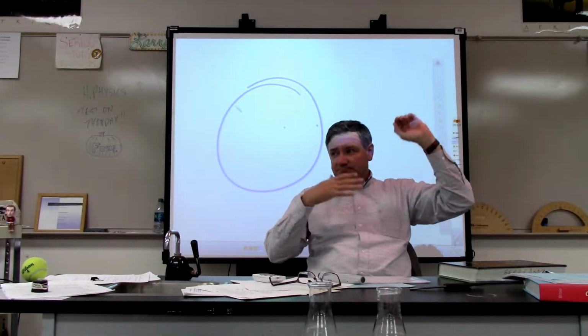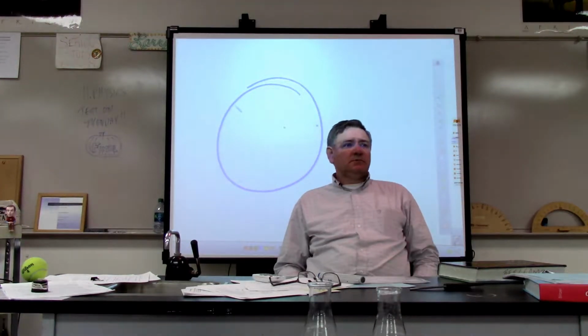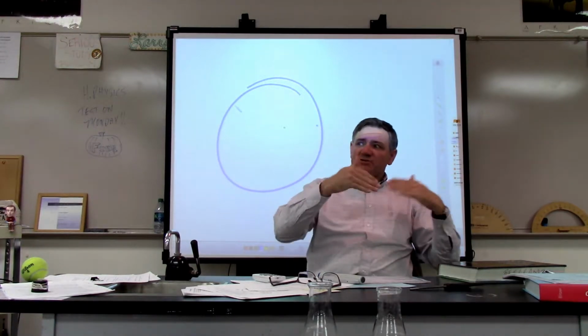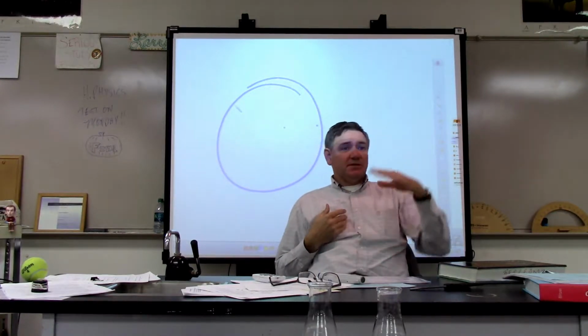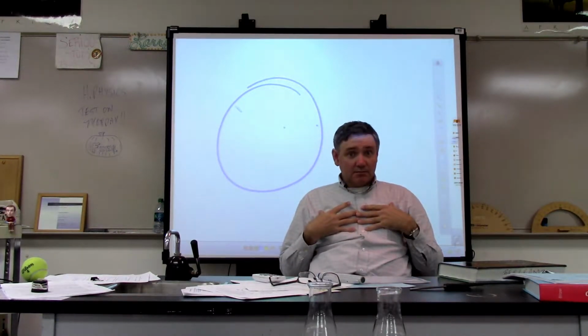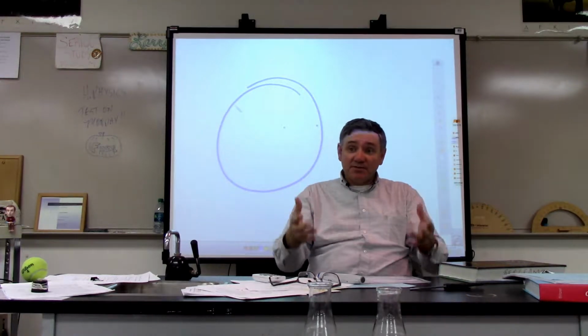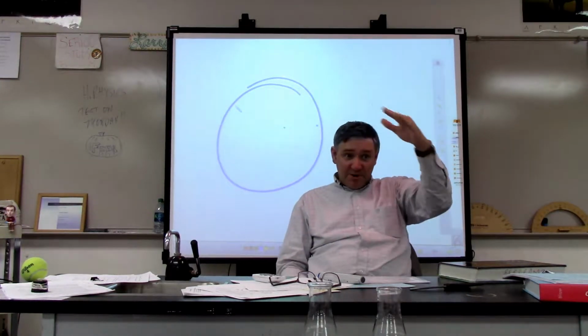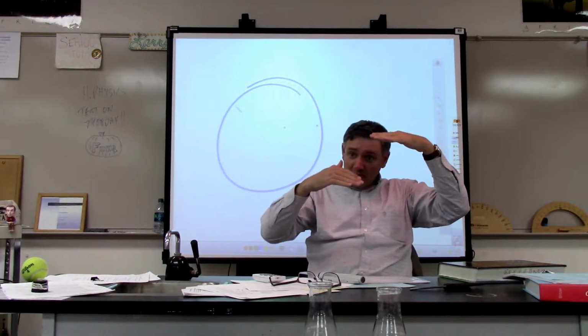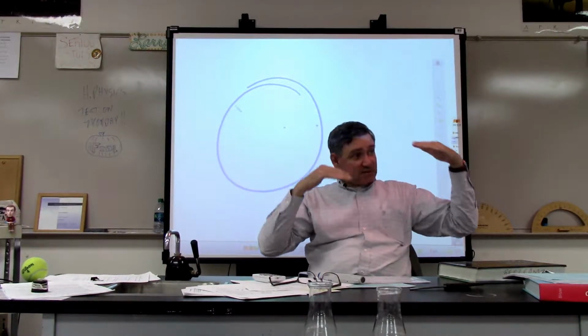I have a job, I make $8 an hour. What's the ratio of Hunter's wage to my wage? He makes 24, I get 8. 3 to 1. How'd you get that? Divided 24 by 8. So you took the bigger number and divided it by the smaller number. So that's what you're going to do there.